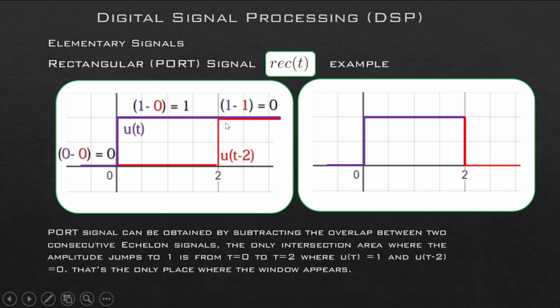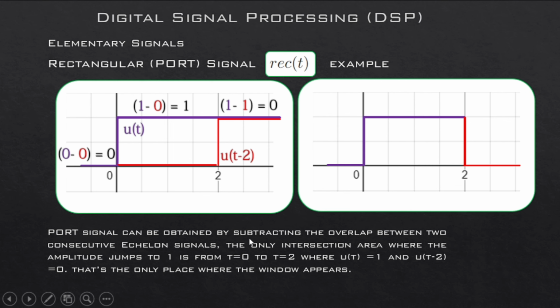So the subtraction gets you 0. And before 0, they are both 0. So the subtraction only gets you a value of 1 from 0 to 2, where u(t) is equal to 1. Meanwhile, u(t minus 2) has not started yet, is equal to 0. And it gets you this port function or window function.